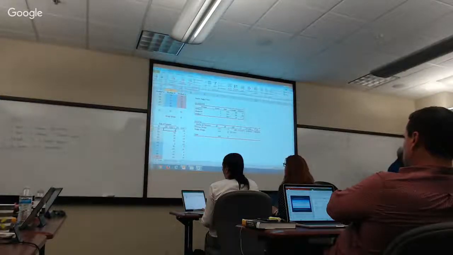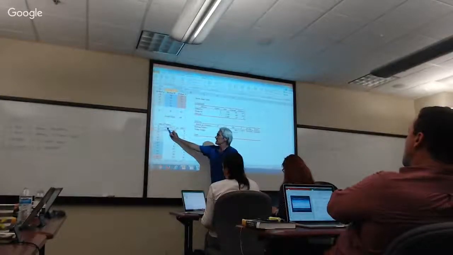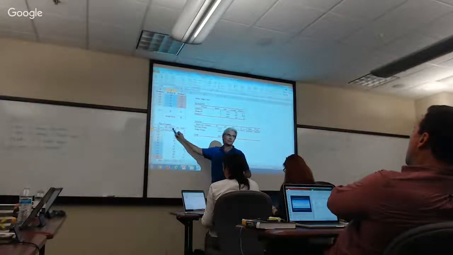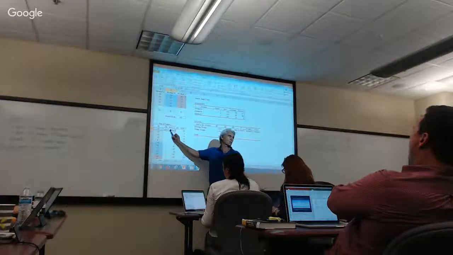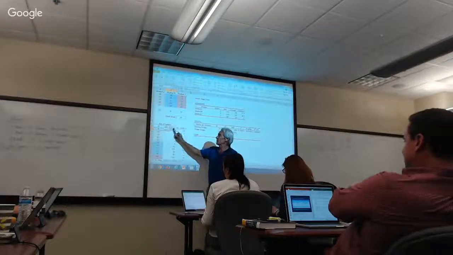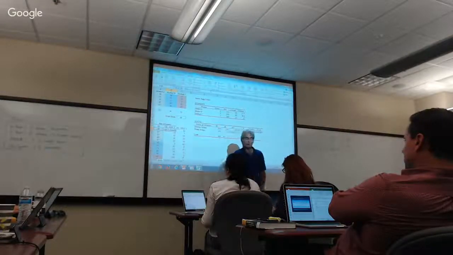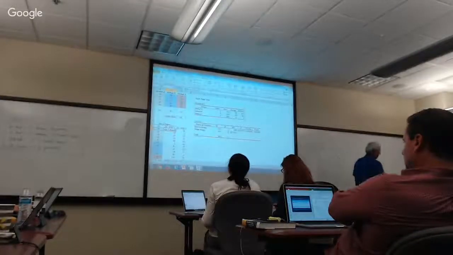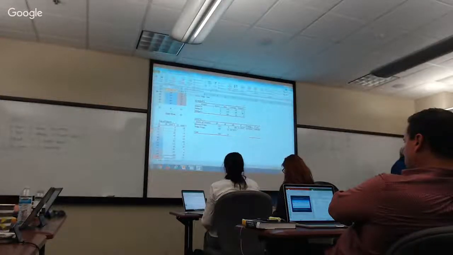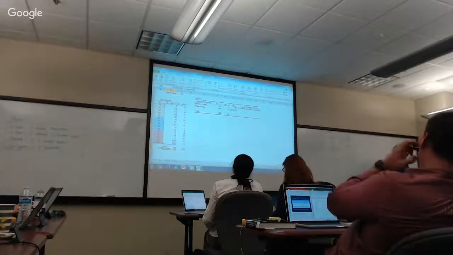My formula simply looked at every single one of these observations. I subtracted the grand mean from it and I squared it. This is the sum of squares, right? I found the difference and I summed it up. Here is the difference squared. And then down here, I sum all this up, and I got 860. That's just the sum of that column.